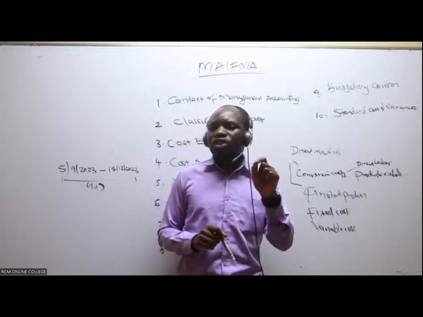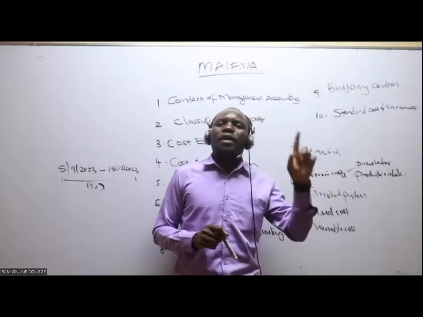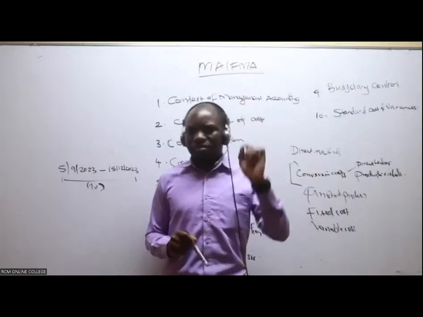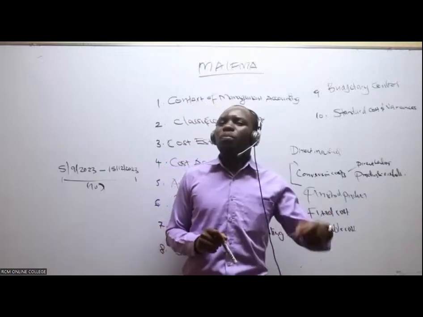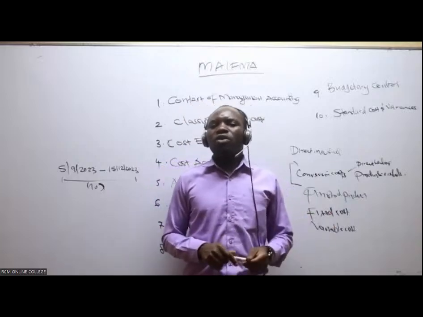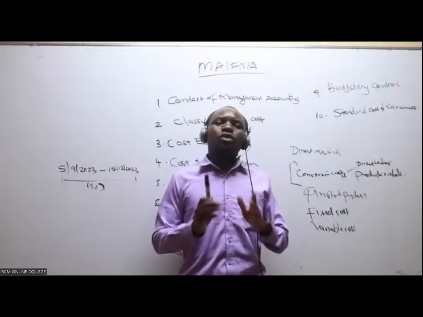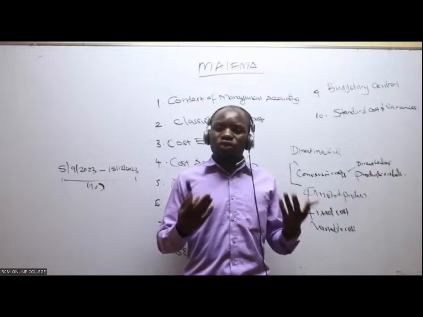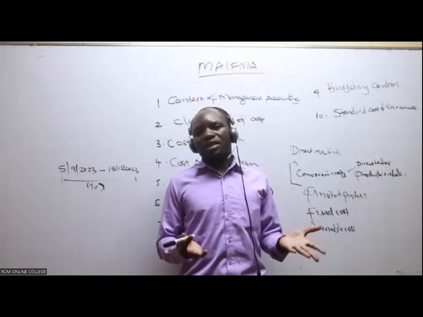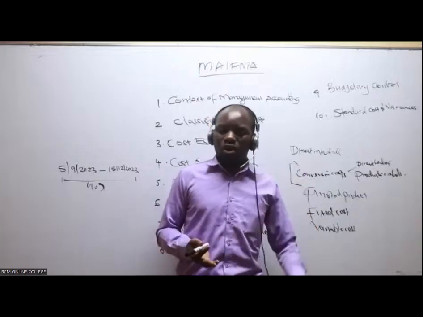When you do that, you get the purchases budget, the quantity of raw material that they need to purchase. That is what you transfer to the procurement department so that they can source the raw materials for the company.